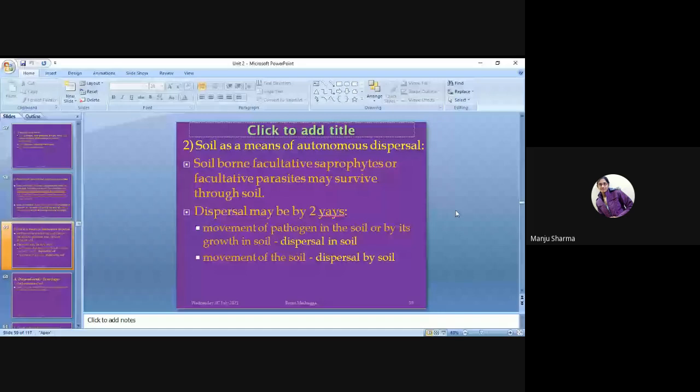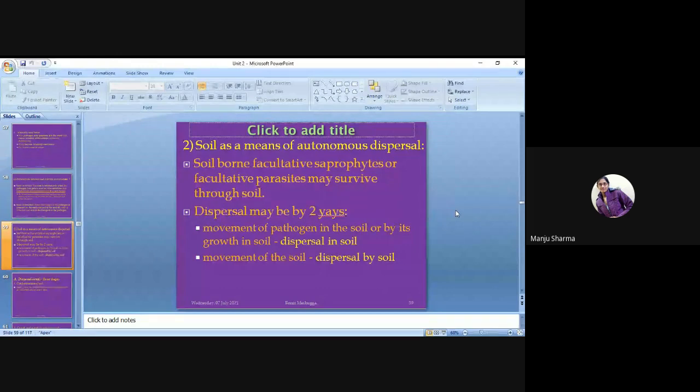That means if the pathogen is a soil-borne pathogen or a facultative saprophyte, like facultative ones, those have an alternate host. If their host is not present and the host is dead, then the pathogen can also survive or feed on other material.